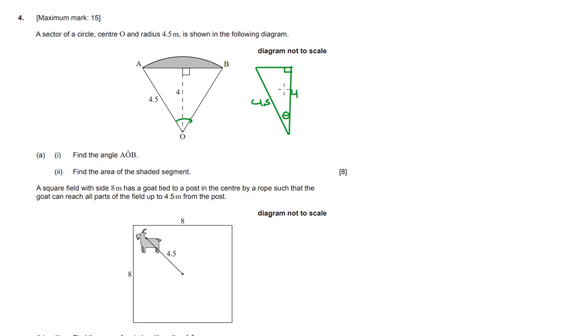So from this angle, opposite, adjacent, hypotenuse. So this is hypotenuse. This is adjacent. Our dear friend SOHCAHTOA, which is not going to be on your formula sheet, so you're going to want to remember that. So we have hypotenuse and adjacent, which is cosine. So for part A, part I, we're going to want to do cosine of theta equals A, which is 4, over H, which is 4.5.